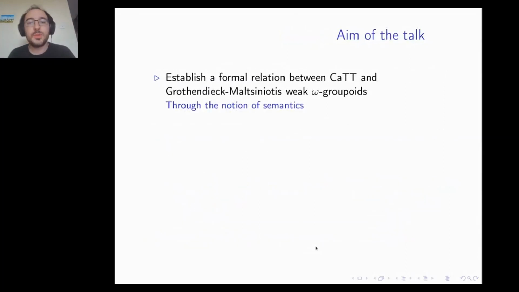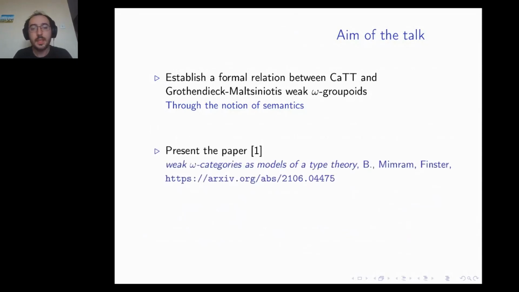And so my aim today is to present a bit of CAT and weak omega categories through the lens of CAT, so that you get some intuition for it, and then establish a formal relation between those two. And I'm following the paper that we have written and which is available on arXiv.